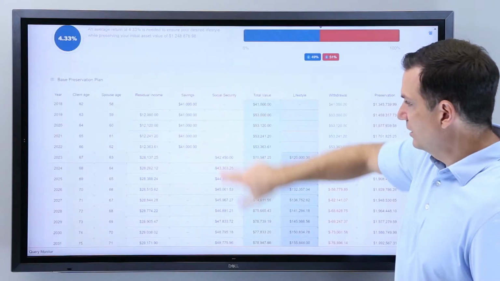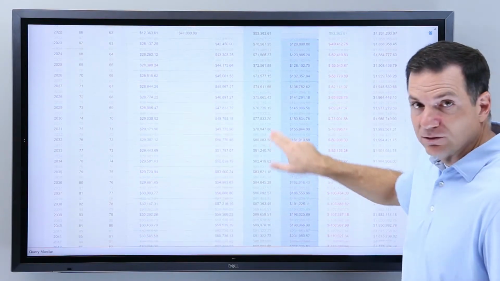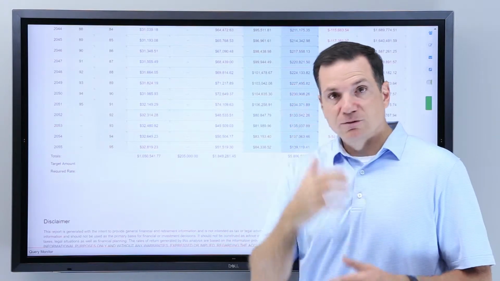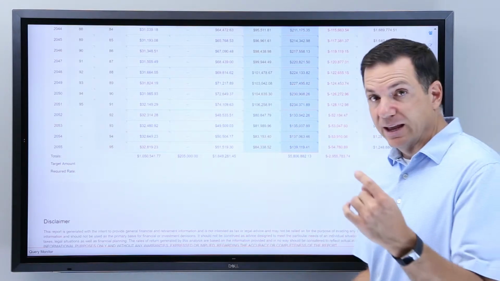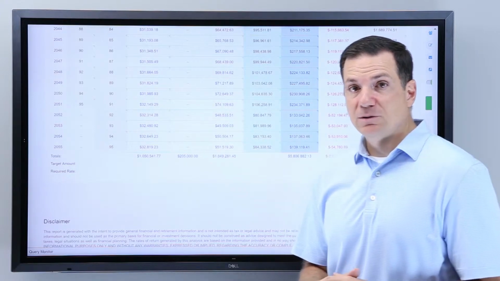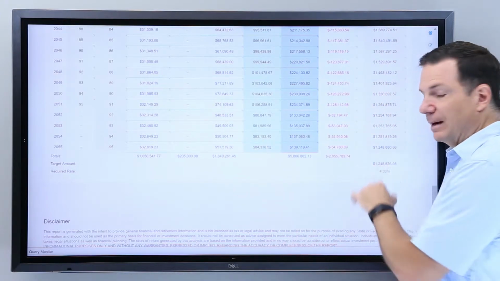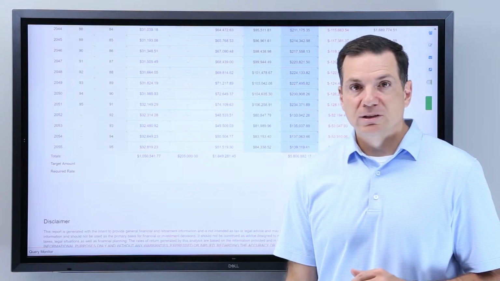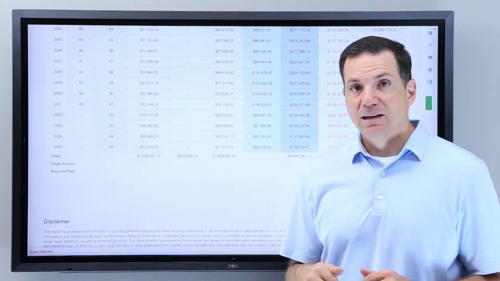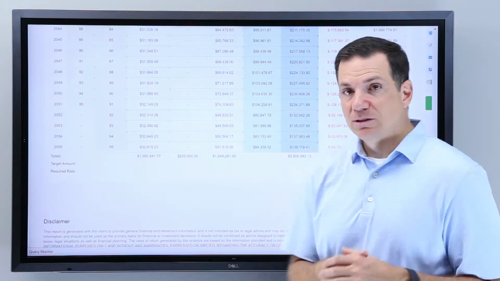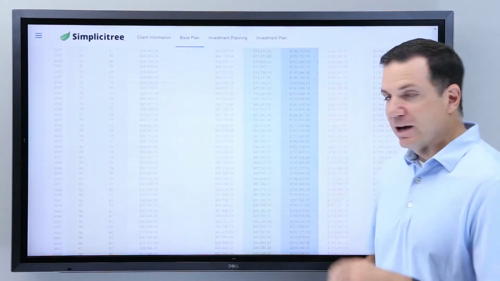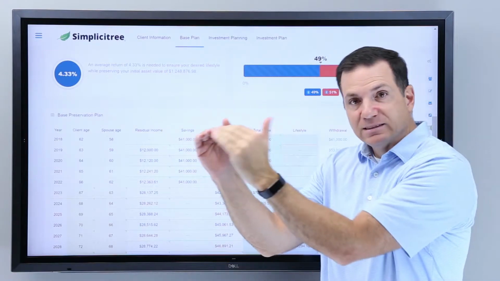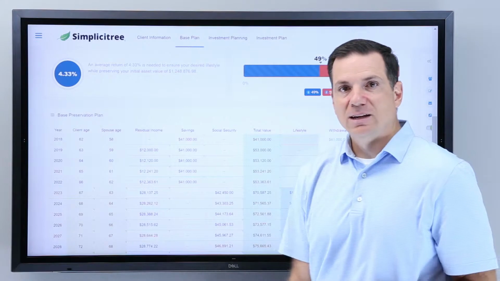So if this particular client lived on $120,000, generated all the revenue that they needed, the 51% over the rest of their life, and they averaged a 4.33% rate of return, by the time they walk out on life, they're going to still have the same $1.2 million that they had today. This becomes very valuable information because now you have a goal, a target, some rate of return that you know has to happen for certain things to take place.